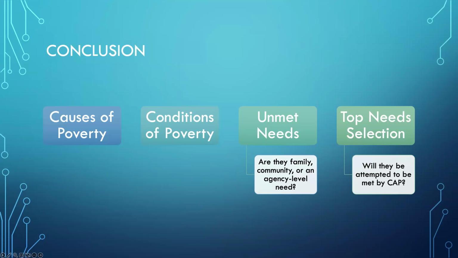Looking at existing unmet needs, and recognizing that you're looking at all three of these categories of family, community, and agency levels for those needs. And then selecting the top, I mean, this is the prioritization part. That leads directly into your community action plan, where you spell out how you're going to meet those priorities.